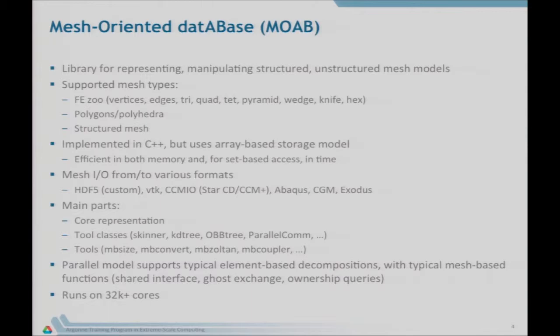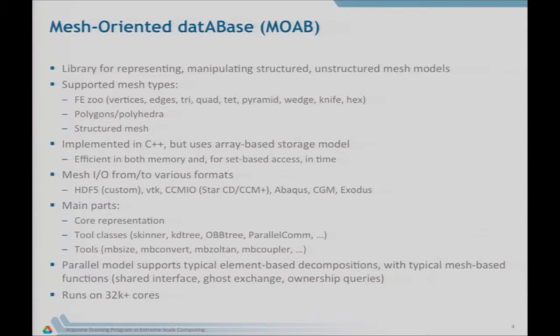It supports various entity types of a mesh, so your standard finite element zoo, vertices, triangles, quadrilaterals, and other kinds of elements. Polygons and polyhedra, which are relevant sometimes in finite volume analysis and others, and structured mesh, which Rob just talked about. MOAB's implemented in C++, but it uses an array-based storage model underneath, and that can be important in terms of memory usage and sometimes even in terms of execution time.